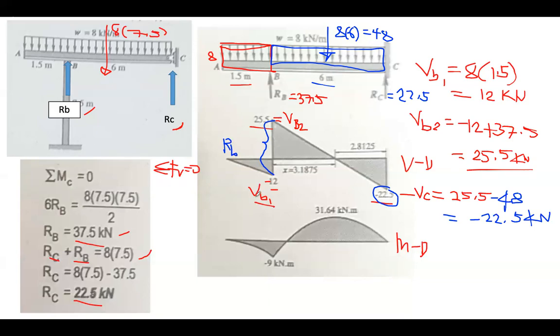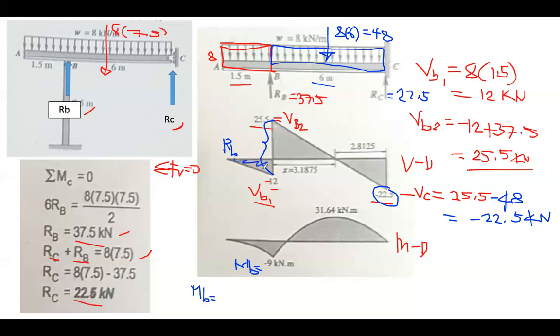Now, computing the moment. If we have this one as moment B, how are we going to compute moment B? It's just equal to this area.